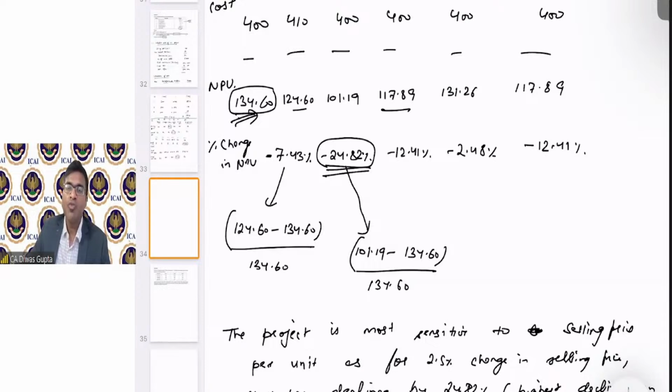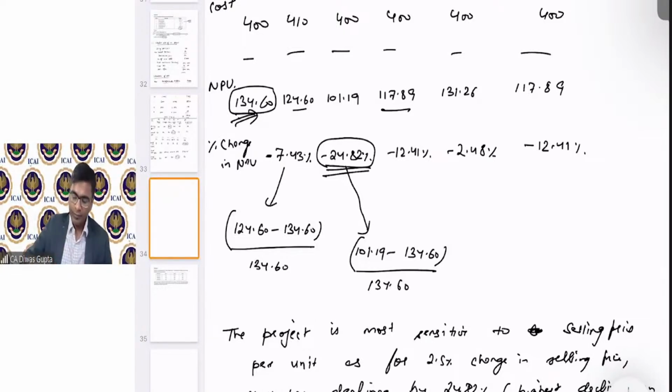So just don't think of it from the point of view of input. Think about what impact it will have on the output. If you increase the initial investment, then only it will have an adverse impact on the NPV. Similarly, if your fixed cost and variable cost increase, then only you will have a negative impact on your NPV.